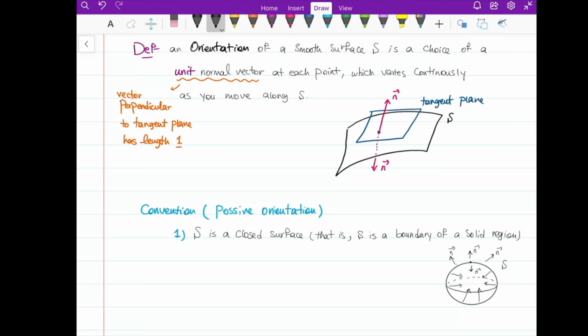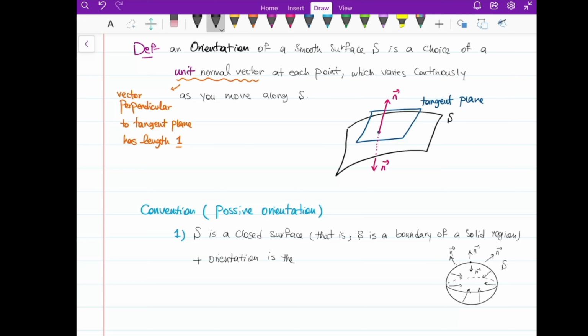Okay, then by convention, we say that S has positive orientation if we choose the outward normal vector.